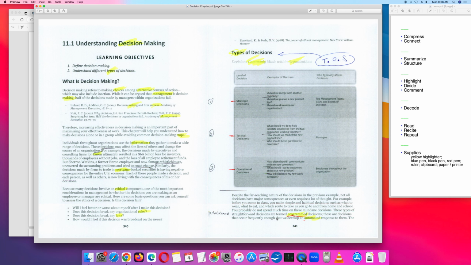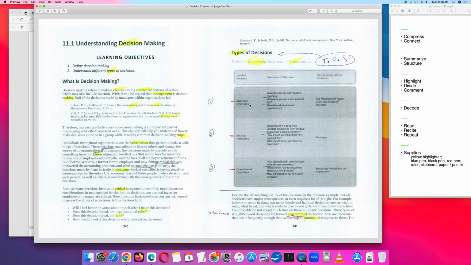So when I read through this chapter without highlighting, I was lost. And that's because there should have been headings here. Types of decisions. You could have put here 3 types of decisions based on organizational hierarchy.